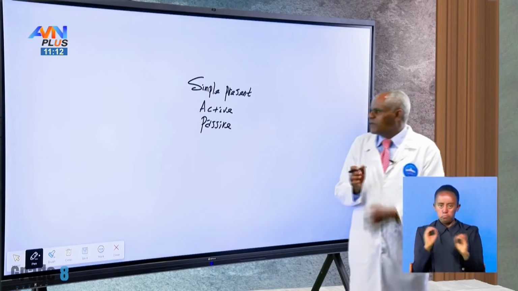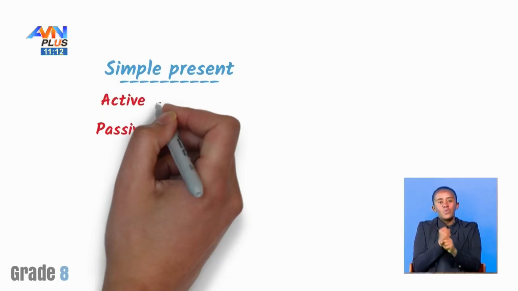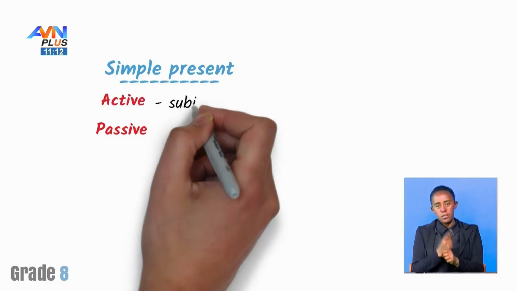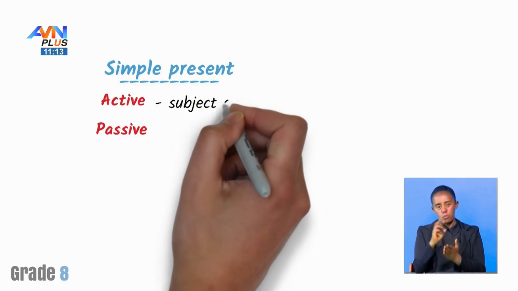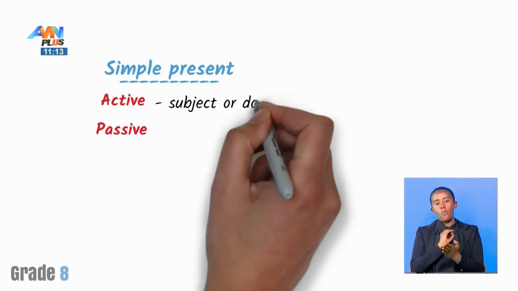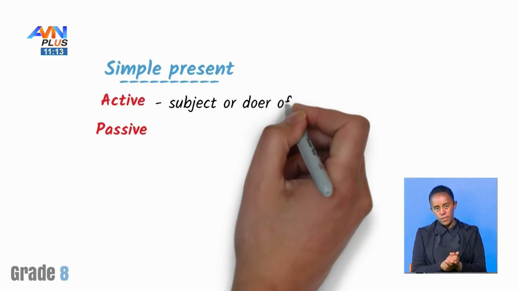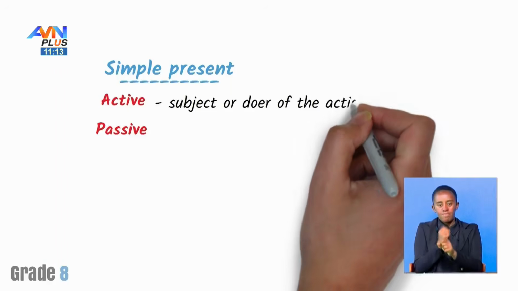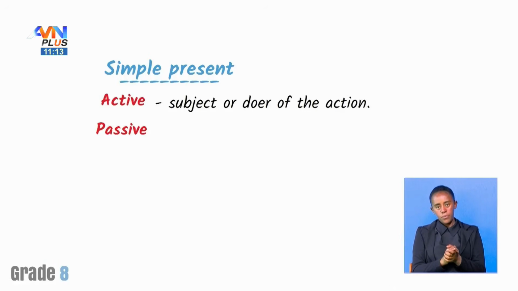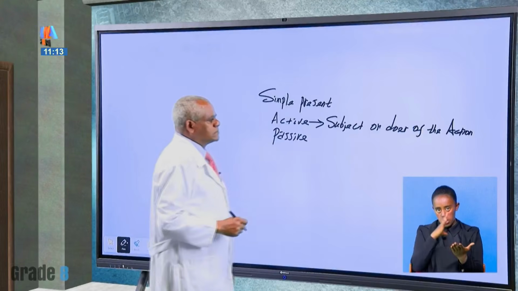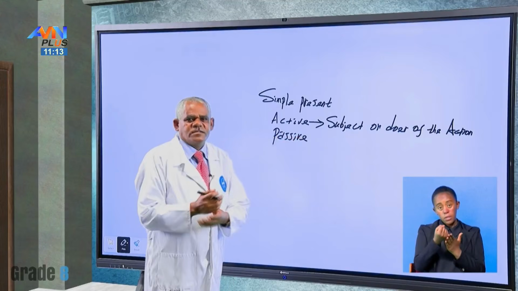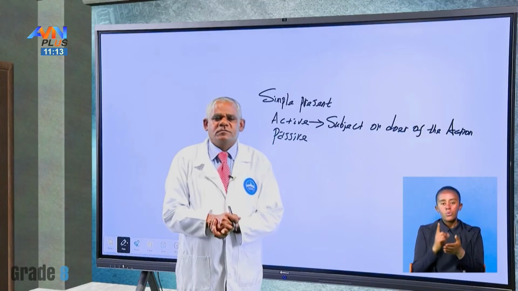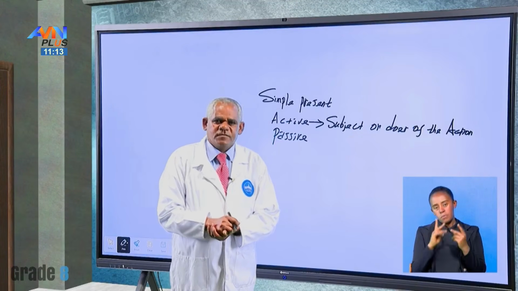Therefore, the doer of the action, a person, gives more emphasis to the subject. The subject gets more emphasis when you talk about simple present active.